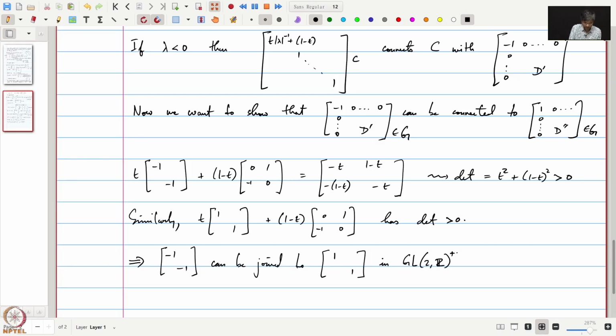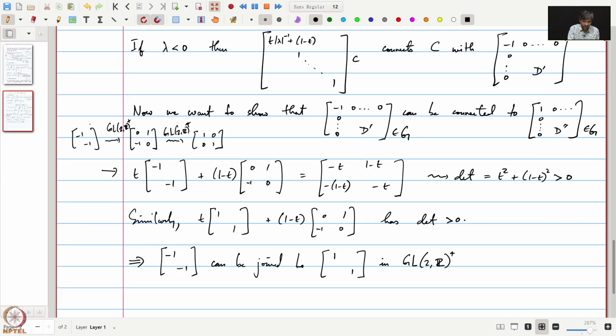So in fact this first thing is a path joining minus 1 to 0 1 minus 1 0, and this path is completely contained inside GL2 R plus. And similarly there is a path completely contained inside GL2 R plus which joins this matrix to the identity.